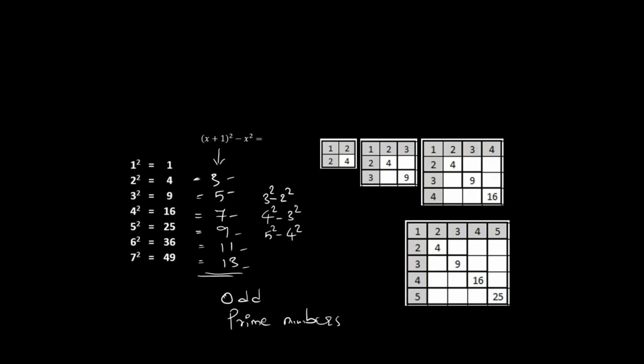If we go back to this pattern, here x is 3 and the difference is 7. So (3 plus 1) square minus 3 square is 7.